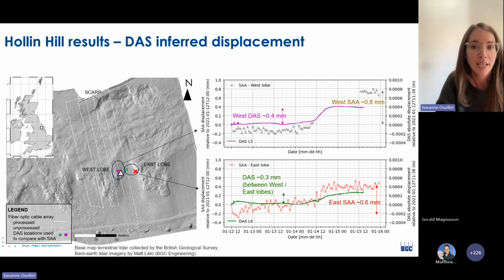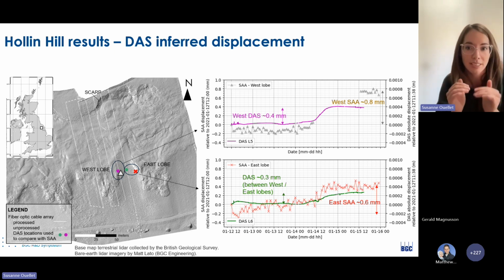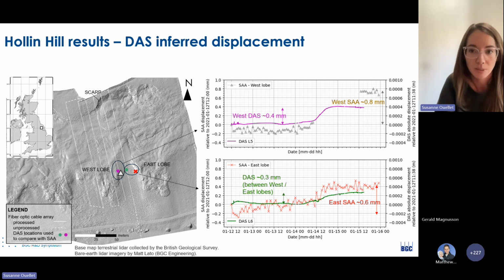I've selected the uppermost sensor at the SAA, at a depth of about 0.3 meters, and compared the relative displacement from this SAA with our inferred displacement from DAS. I'll remind us that the depth of the DAS cable is about 0.1 meters, so they're not quite at the exact same depth, but relatively close.